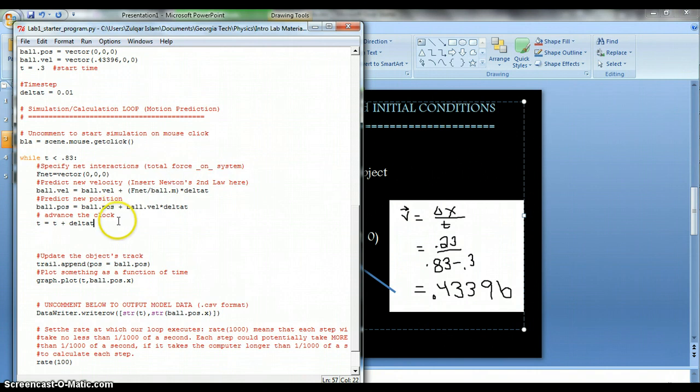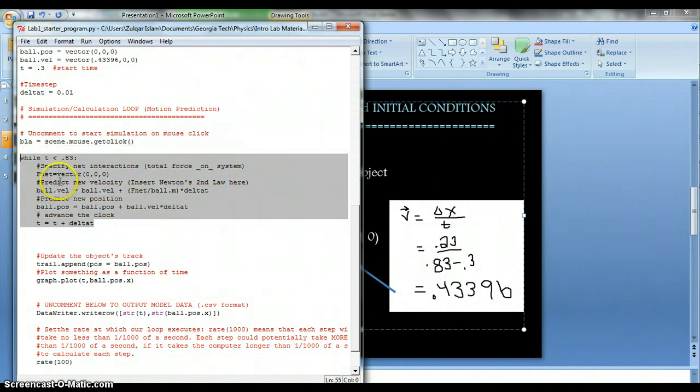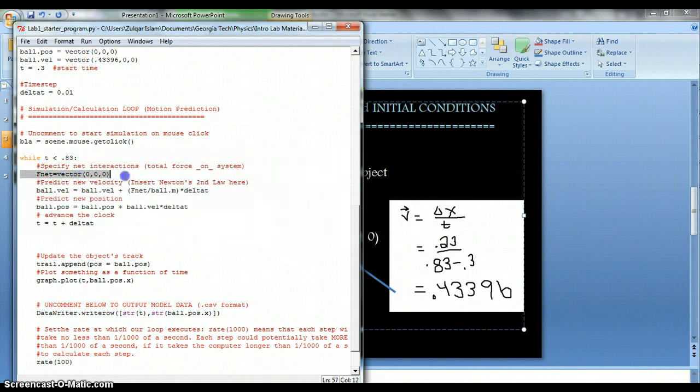So using this information, I was able to start writing my model, which is indicated right here. This is the actual physics part of the model that involves all the concepts. Here I set the force equal to 0 because I don't want a change in velocity, and the easiest way to ensure that is to show that the force is 0.